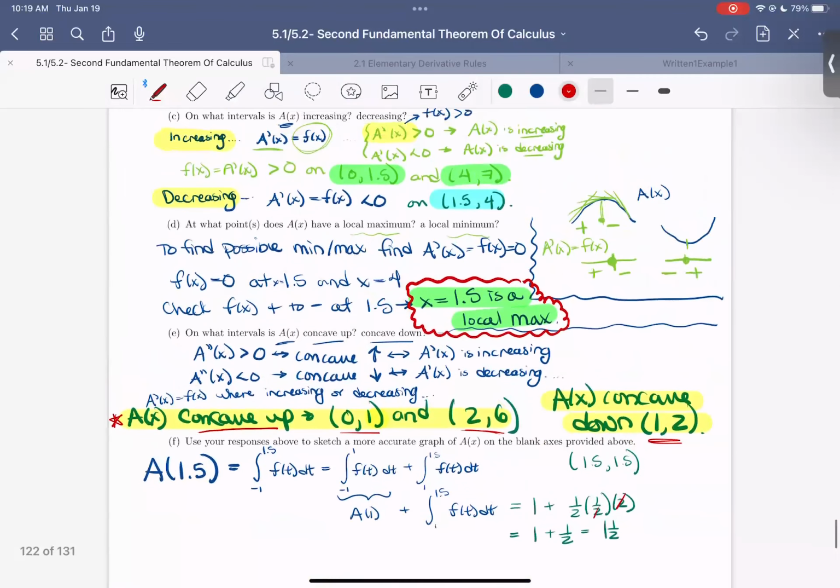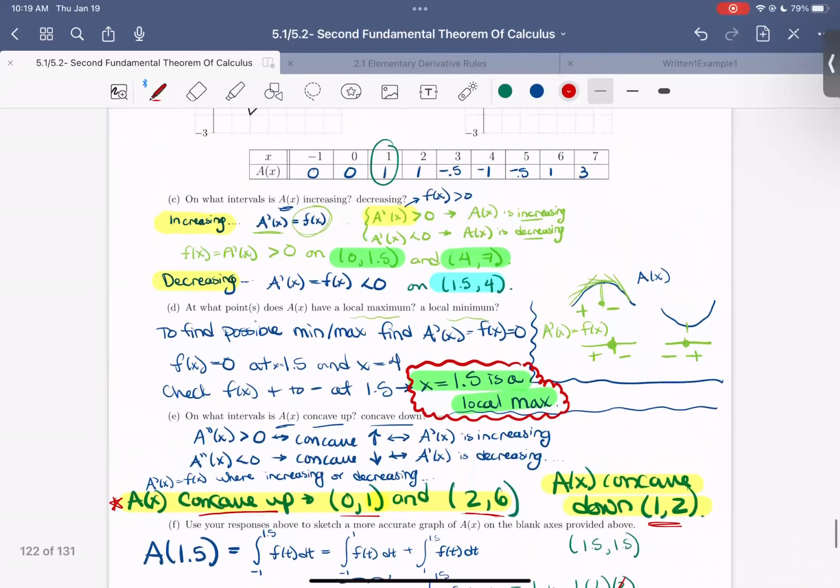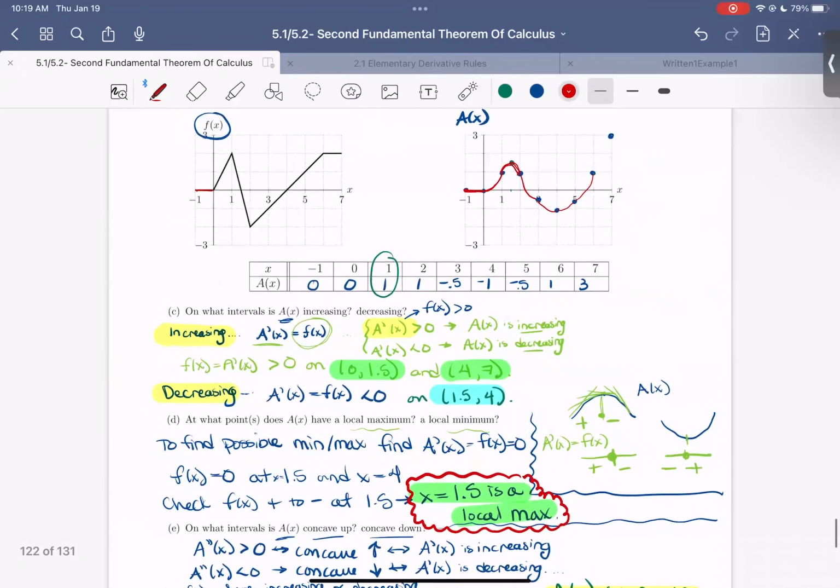So we can see that we don't have a concave up or a concave down listed on that interval because the second derivative is 0 there. So whenever we're in the situation where we don't have concavity, that means we must have a linear function. So then we connect our 2 points with a line.